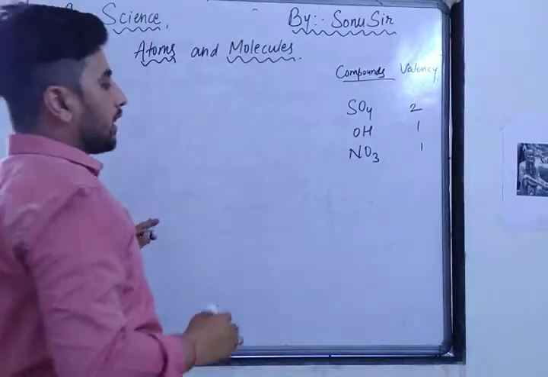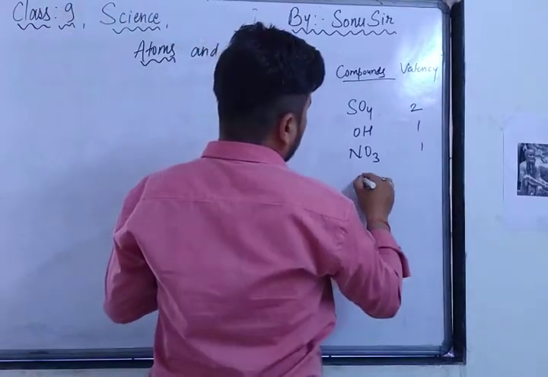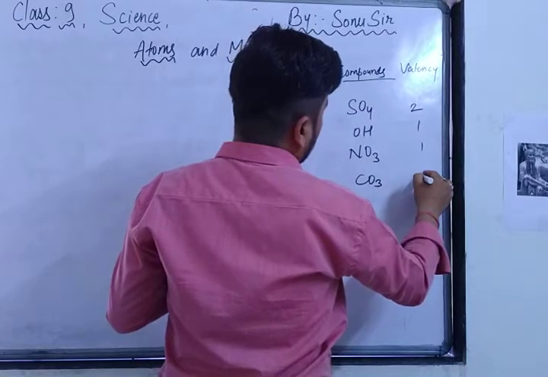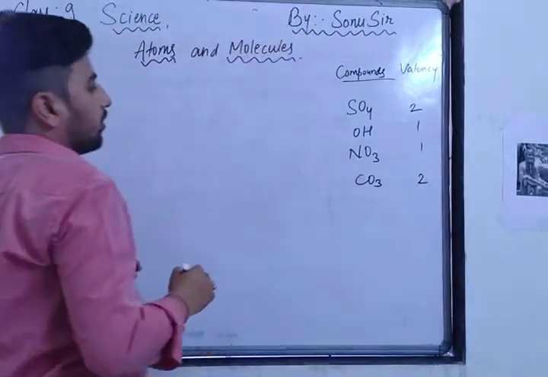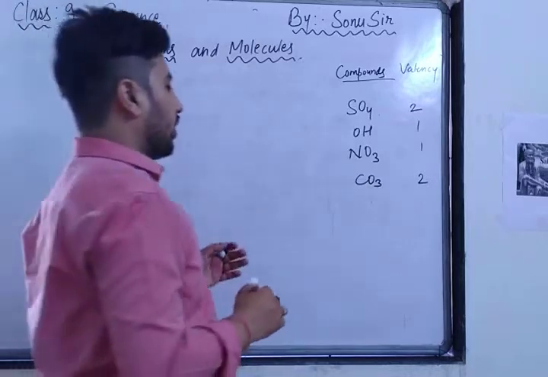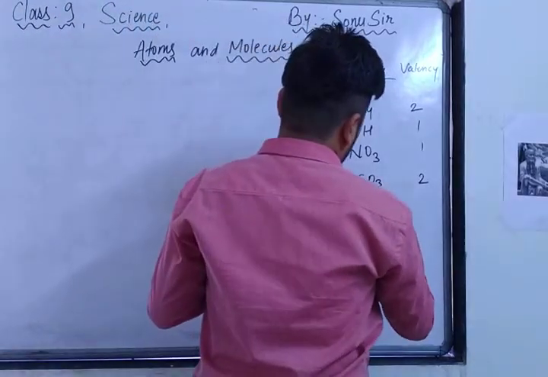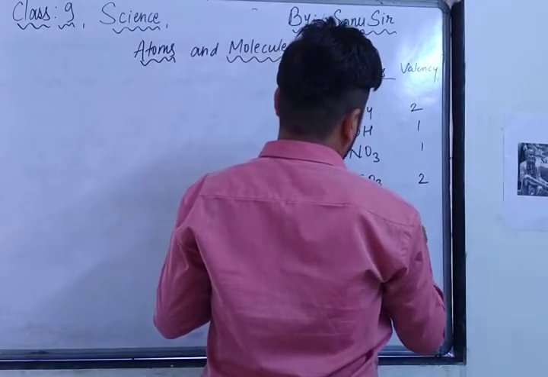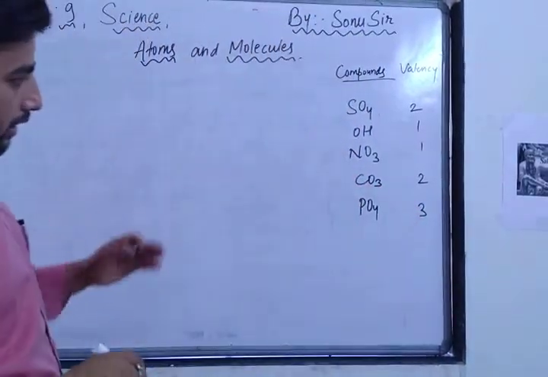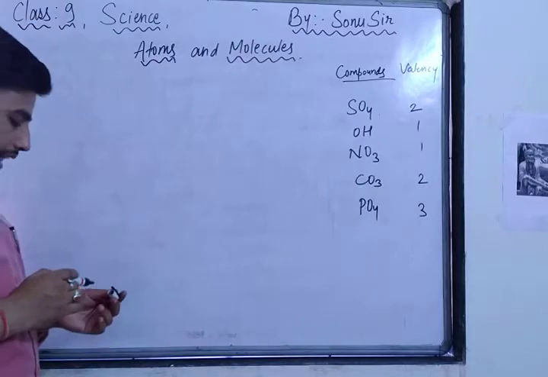Carbonate, CO3, valency is 2. There are many more. Phosphate valency is 3. So you can see here some of the compounds and their valency.